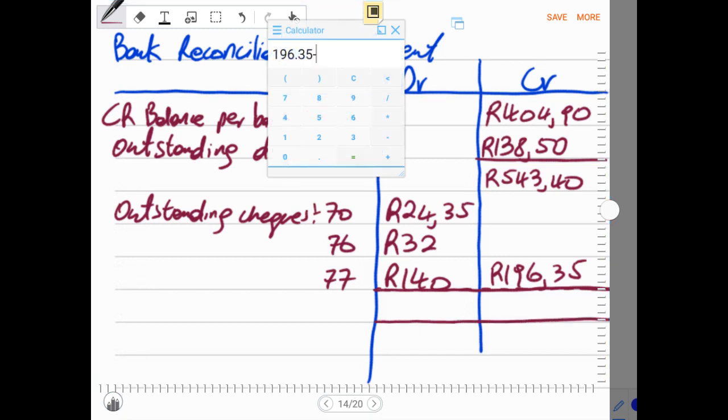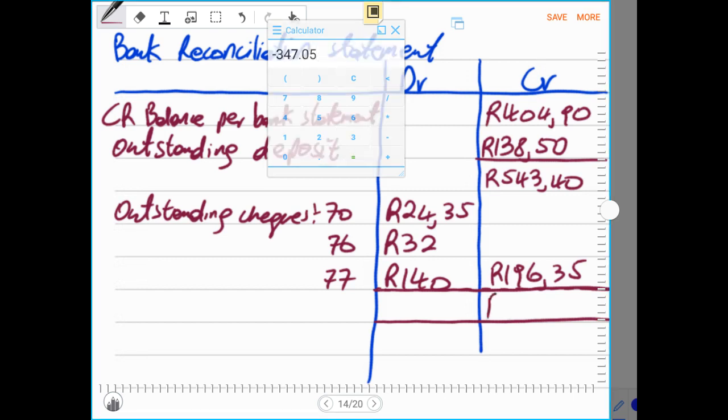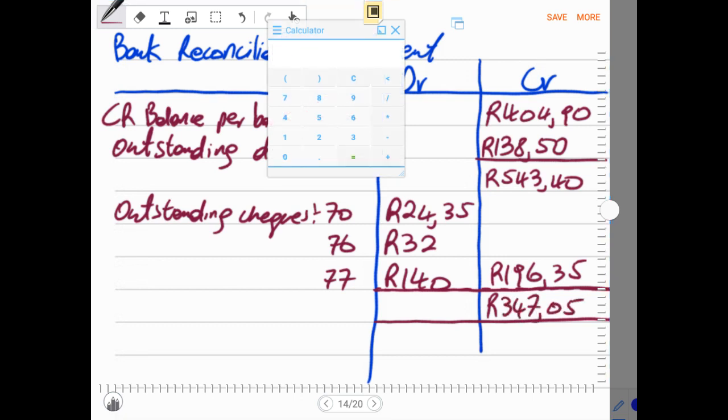Then we say 543.40 minus 196.35. This gives me 347.05, a balance per bank account, which is a debit balance per bank account.